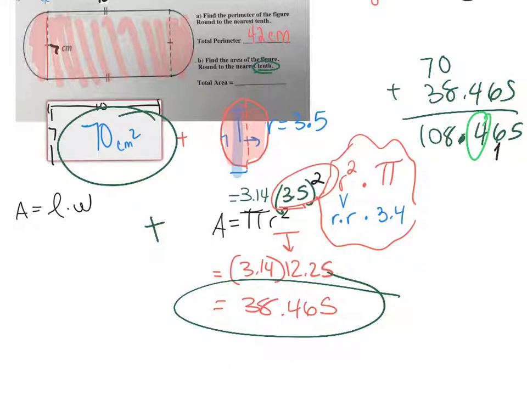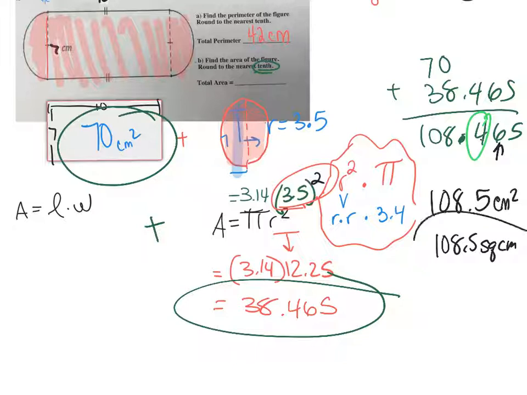The 6 is more than 5, so it tells the 4 to go up to 5. So 108.5, and it's area, so it's square centimeters. You could either write centimeters squared or square centimeters, whichever one you would like. It means the same. So 108.5 square centimeters is the area of that whole figure.